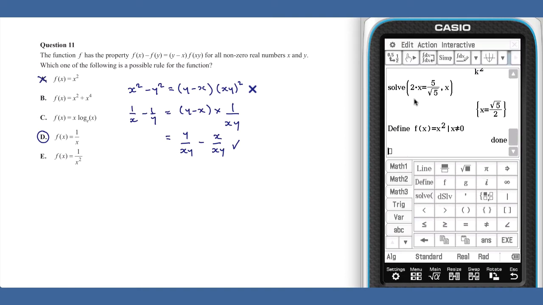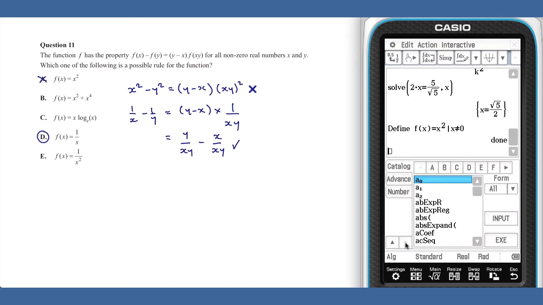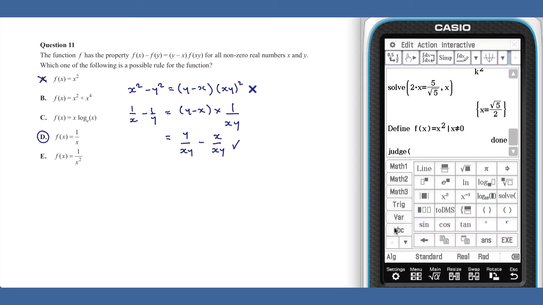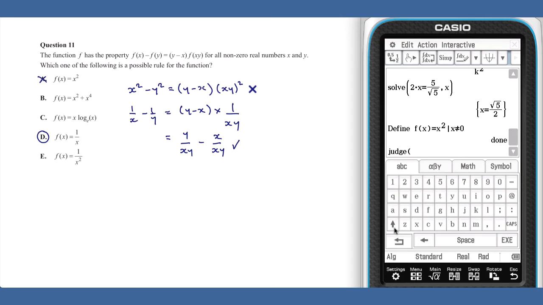Okay, so now our function's defined. We can call up the judge command. I'll get that from the catalogue under J, and we can put in our function expression. I'm going to use the ABC keyboard to do this.